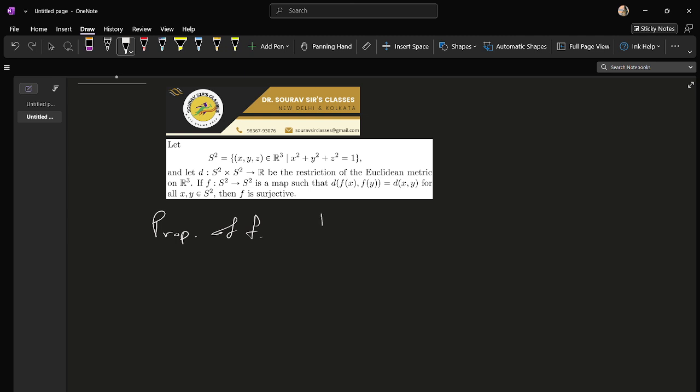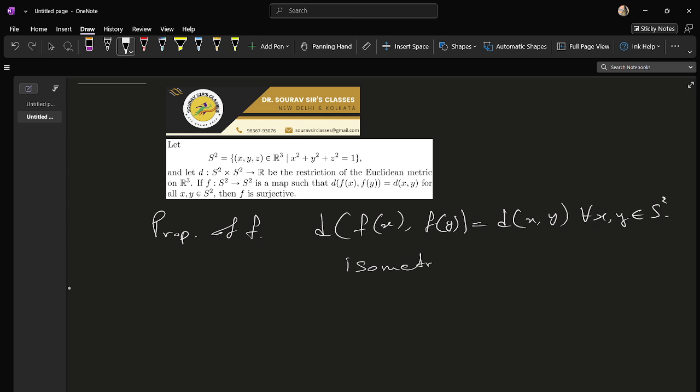The condition given in the question is that the distance of f(x) comma f(y) is equal to the distance of x, y for all x, y belongs to S2. This means that f preserves distance, and f is an isometry of the metric space S2 with d. An isometry of the unit sphere S2 in R cube must preserve the structure of S2.